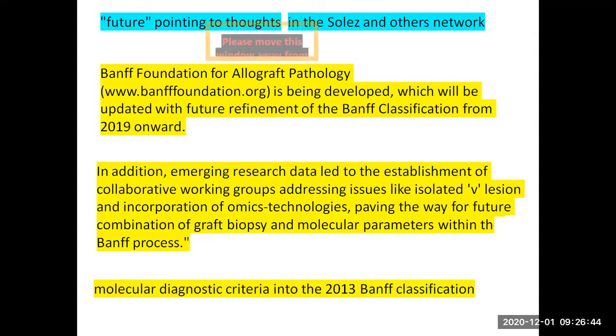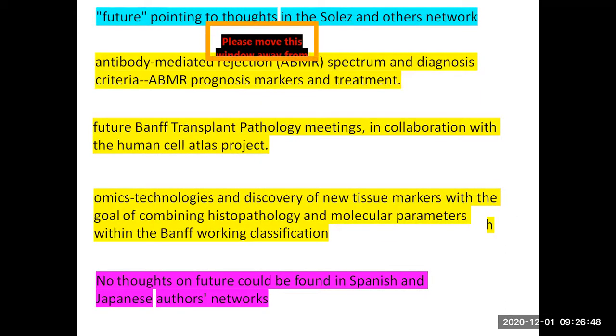Then the molecular diagnostic criteria into the classification. Then antibody mediated rejection prognosis marker and treatment, and the collaboration with Human Cell Atlas project, which is upcoming technology.